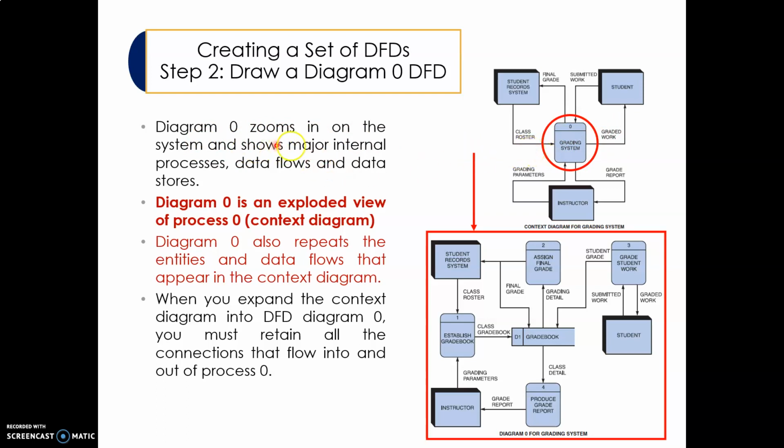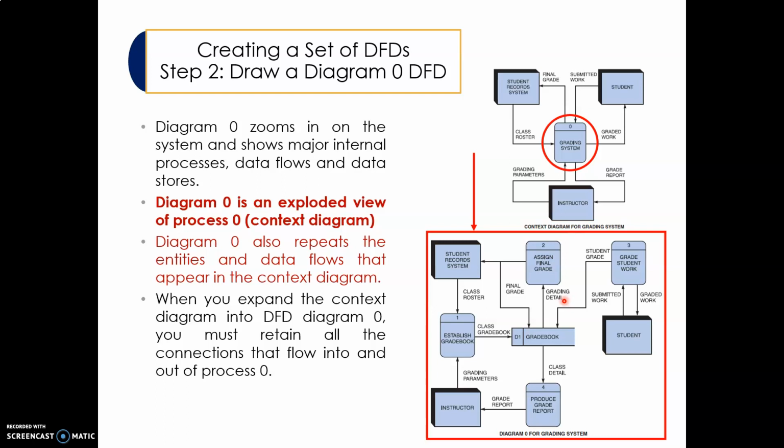So diagram 0 zooms in on the system and shows major internal processes, data flows and also the data stores. You need to zoom in. So diagram 0 is an exploded view of process 0, the context diagram.